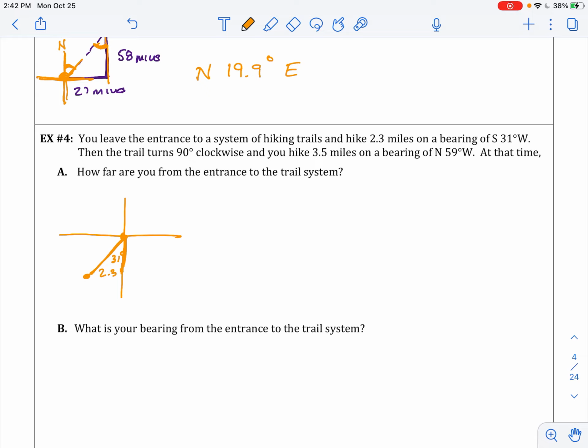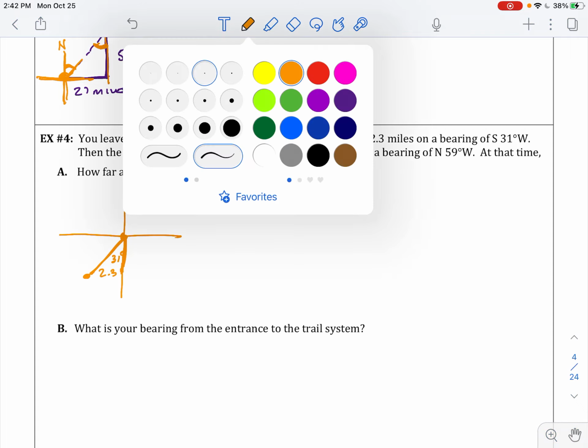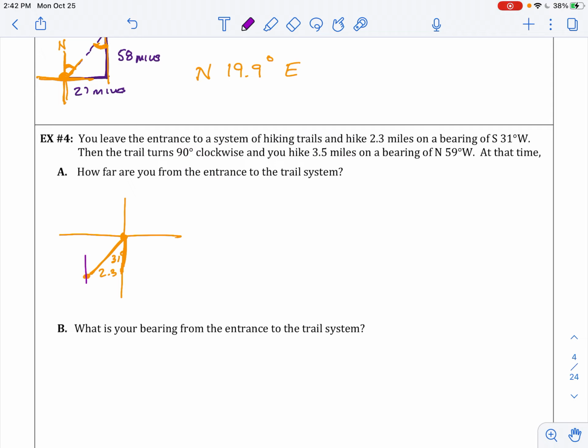Okay? Then it says, then the trail turns 90 degrees clockwise and you hike 3.5 miles at north. So I'm going to put another little, let me change my color here quick. So now I'm resetting here again, and I'm going 90 degrees, okay, making a turn here, right?